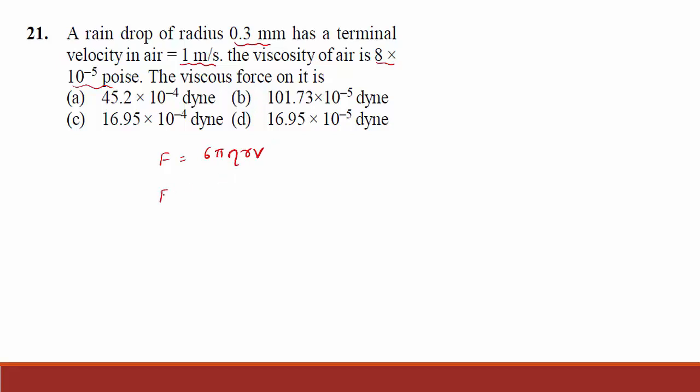Substitute all the values: F equal to 6 into pi value 3.142, eta is 8 into 10 raised to minus 5, that is the viscosity of air, radius is 0.3 millimeter, or we can write 0.03 cm, and velocity 1 meter per second, so we write into 100.